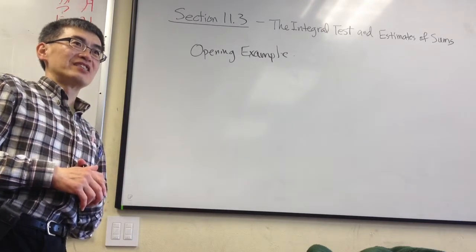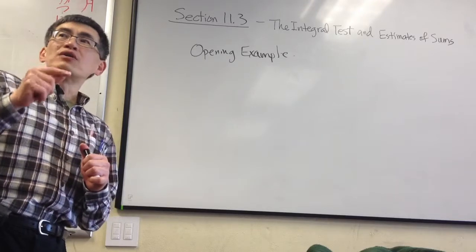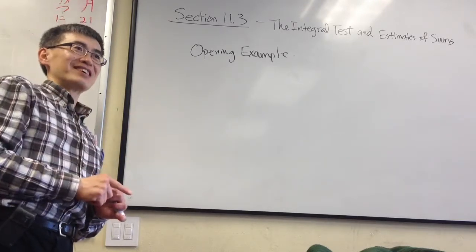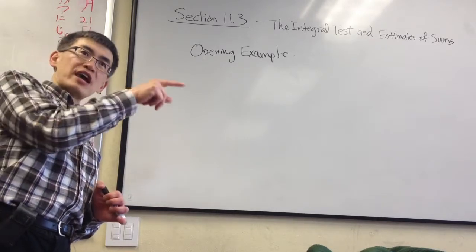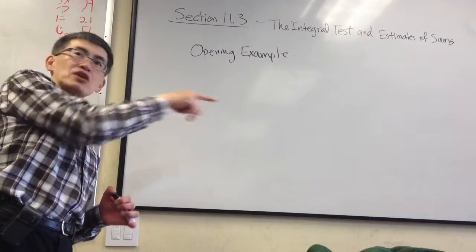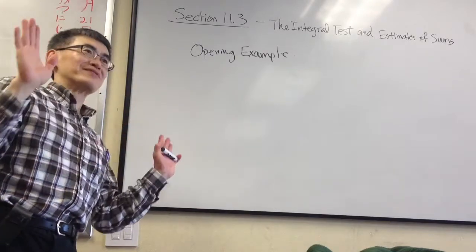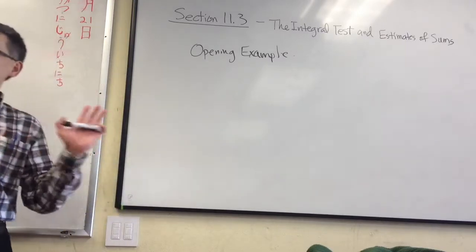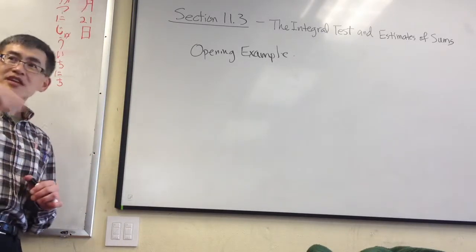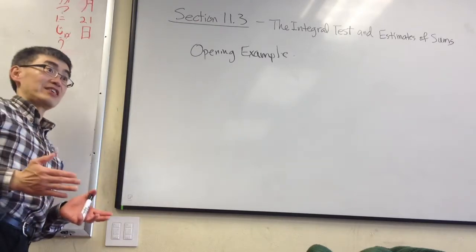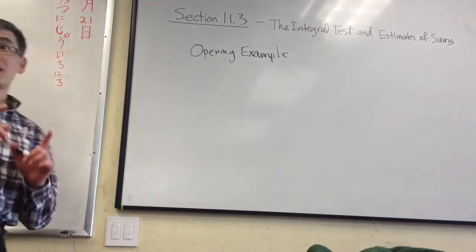So it's useful only for the most obvious case where a series diverges. As soon as you see that the individual term doesn't go to 0, then stop. That series definitely is not convergent. That infinite sum definitely doesn't make sense. And that's the only place to use that one.